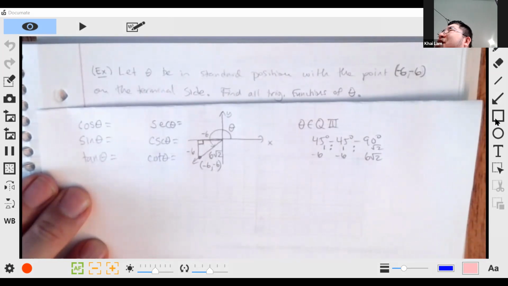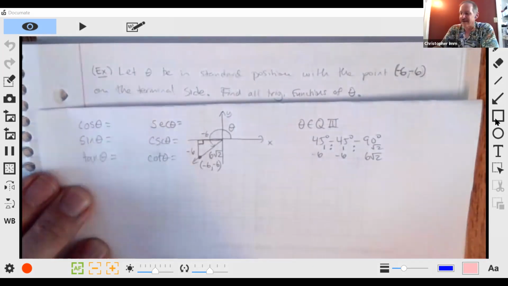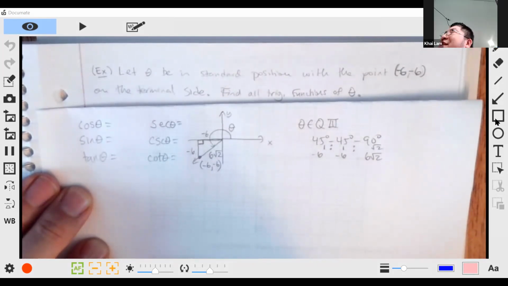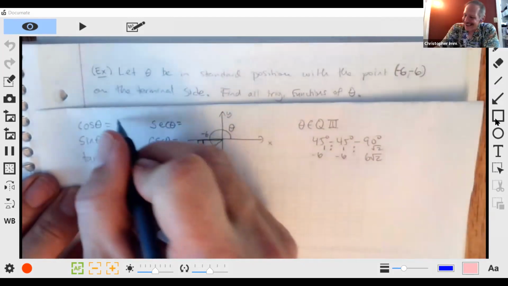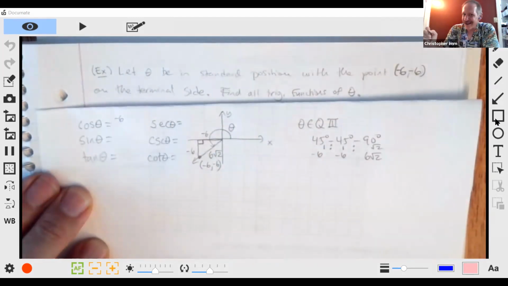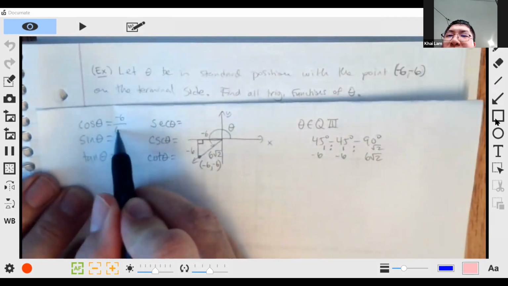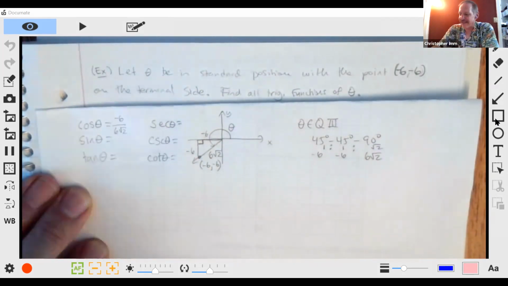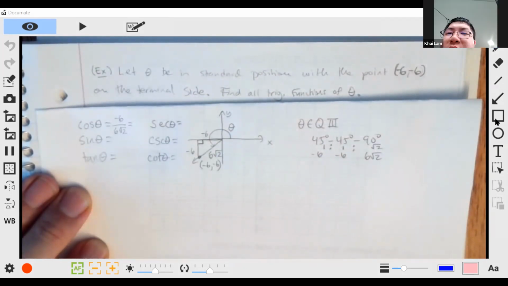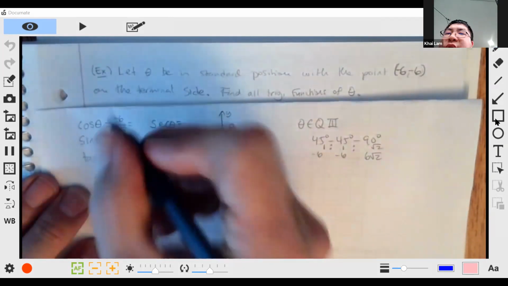-6 over 6 square root 2. Okay, so that's for cosine. How would you simplify that? -1 over square root 2.